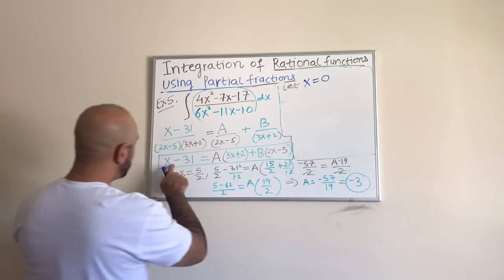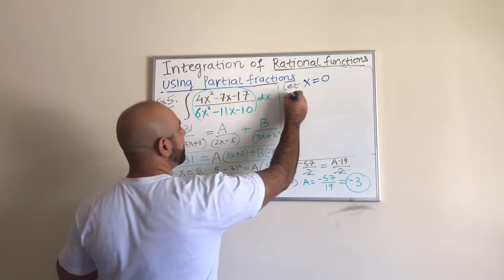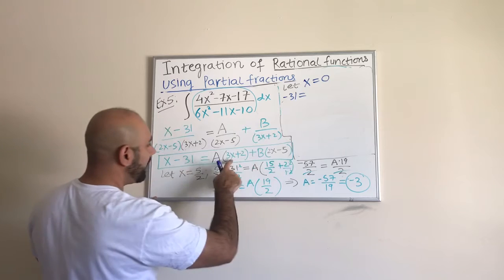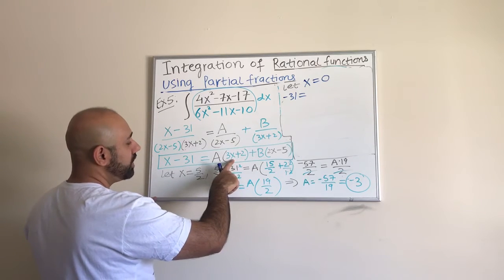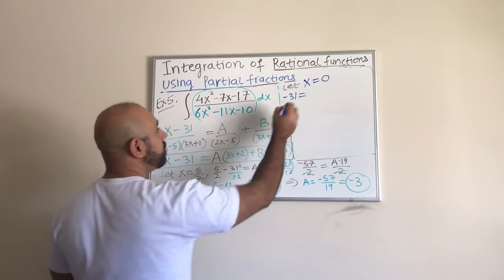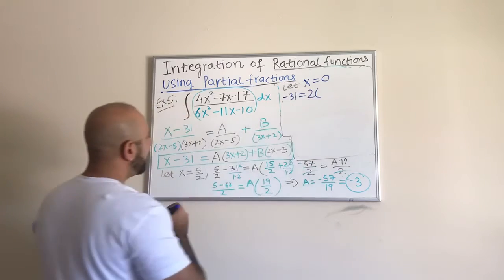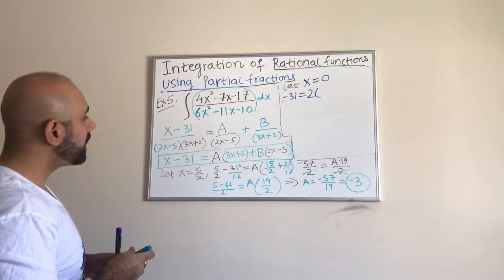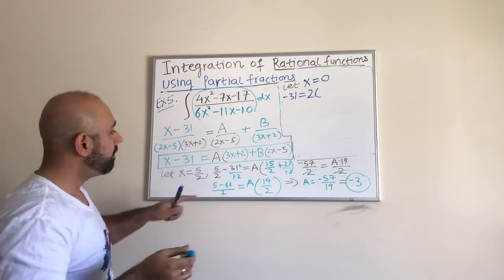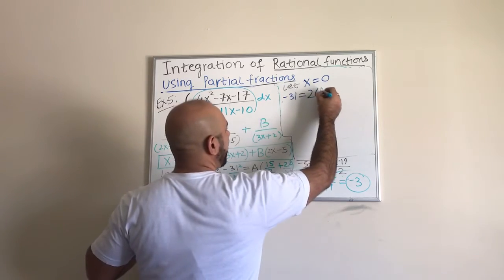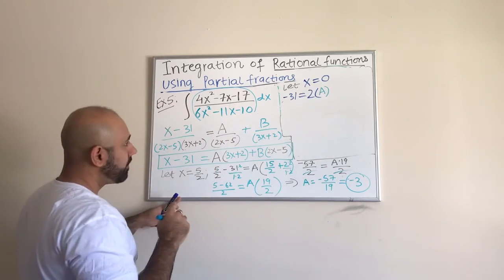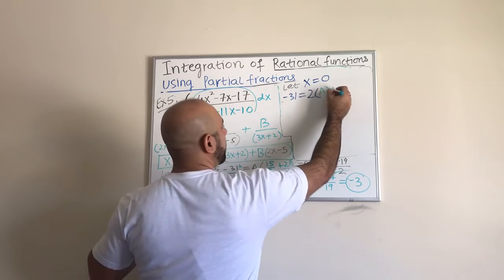If I use x equal to 0, it will be 0 minus 31 is negative 31. On the right hand side, guys, 3 times 0 is 0. 0 plus 2 is 2, so it's 2 times I have a. So let me write that a first. And then there's plus b.